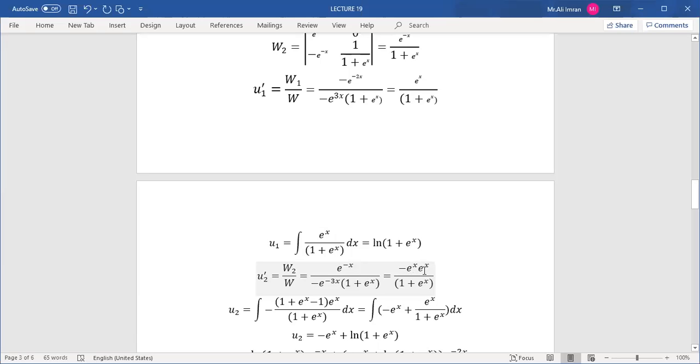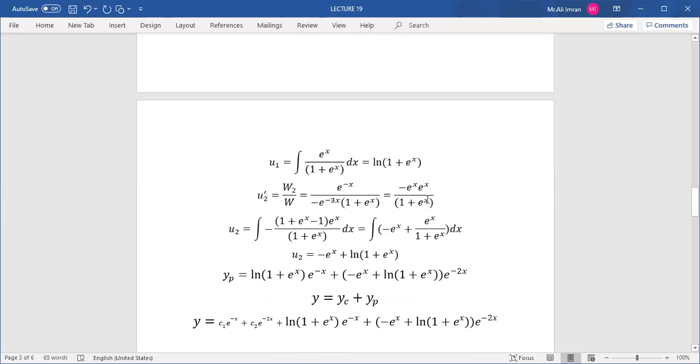We have done this purposefully so that we can simplify this integral. I have added 1 and subtracted 1, and separated 1 plus e power x minus 1 into e power x divided by 1 plus e power x.